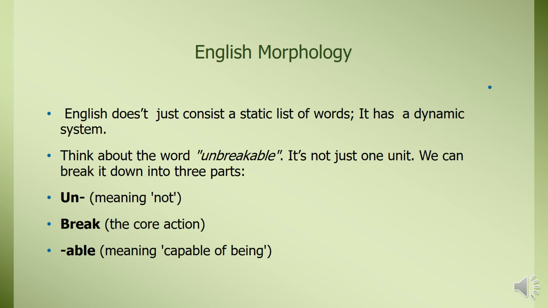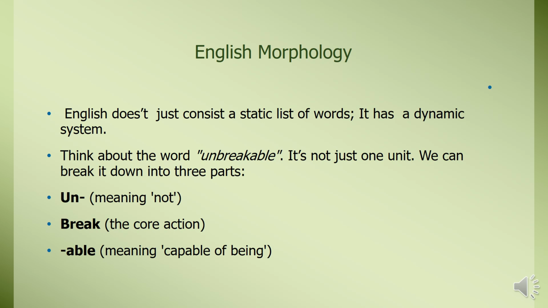So the example given here is the word unbreakable. And unbreakable apparently consists of three components. The root is the word break, to which a prefix and suffix were added to produce unbreakable. So this defines the dynamicity of the language.